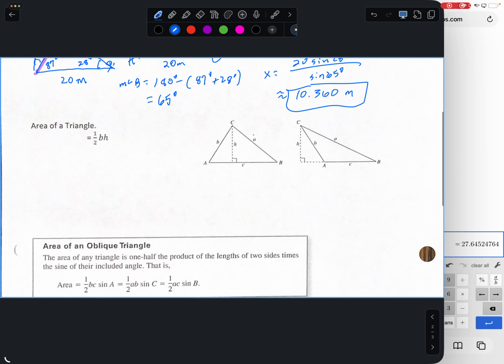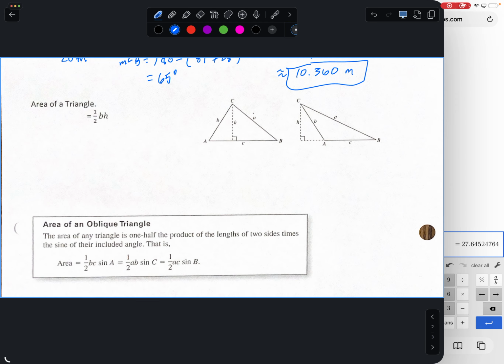And then we're going to come up with a new formula for an area of an oblique triangle, depending on what you have. Right now, to find the area of a triangle, you need the altitude to the base. And so the area of this triangle would be 1/2 of c times h.